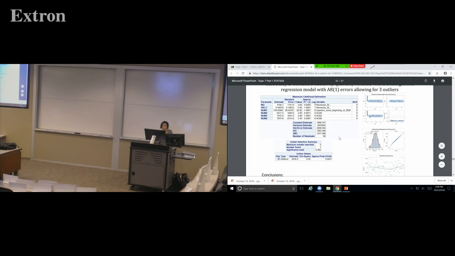What you can see here is that all of the parameters are significant. So we have our autoregressive parameter estimate, we have our slope coefficient, we have our outliers. They're all significant. If you move over here, we're able to take a look at the residuals.